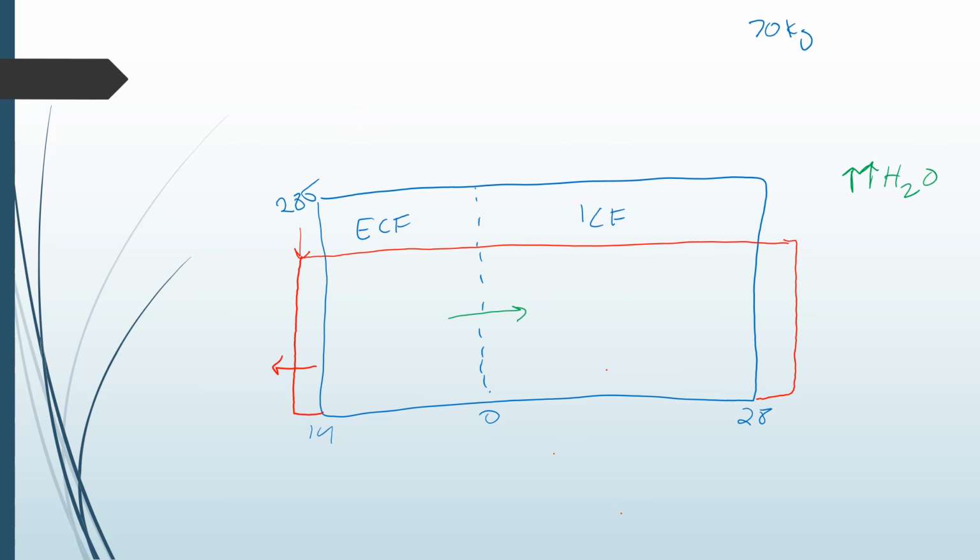So water would have moved inside, towards the higher concentration of solute. What that then does is it lowers the concentration inside the ICF, therefore diluting the solutes inside that cell, but also increasing its volume, which is why you see the volume expanding further than 28 liters here. Since some of that water is leaving the ECF, that would bring the volume down a little bit in the ECF, but it would still be greater than normal.